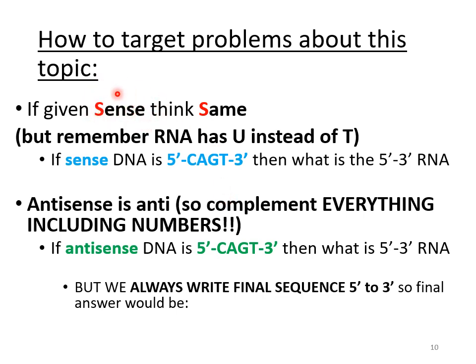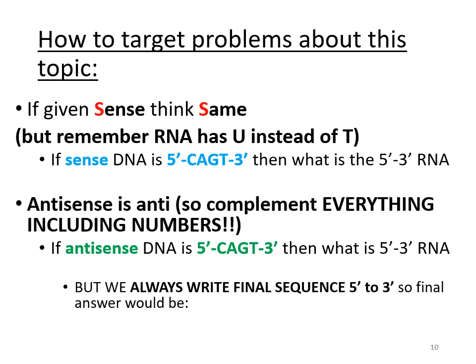And like I said before, as soon as you see sense DNA, look at that S and remember same. So when you're given a sense DNA sequence, your RNA should look identical to that. Same number, same letters everywhere, except since it's RNA now, any T should become a U. So if we're given sense DNA 5', C, A, G, T, 3', then we have to make the 5' to 3' RNA.